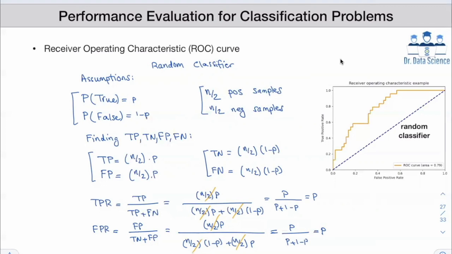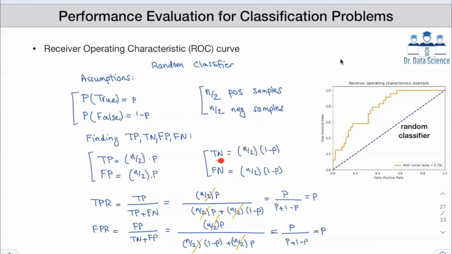And what is the false positive? That means the ones that are labeled as positive but are actually negative, and that will be, again, n over 2 times p, because again the chance that you label something as positive is p. And remember, because the sum of the probabilities must be 1, the probability you label something as false or negative is 1 minus p.